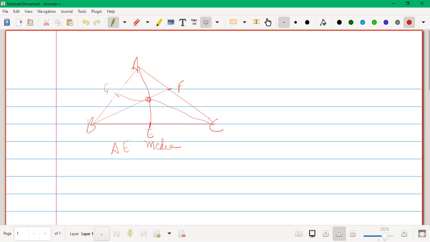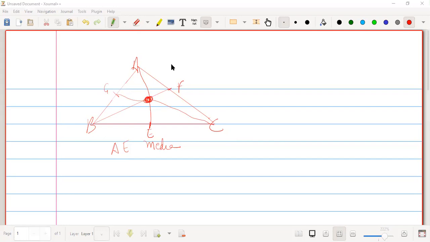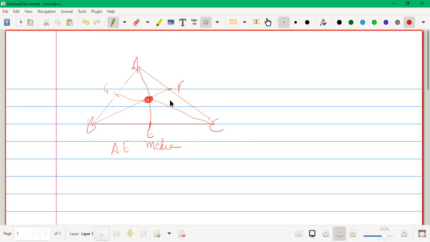And the point which is intersecting the three medians is called?